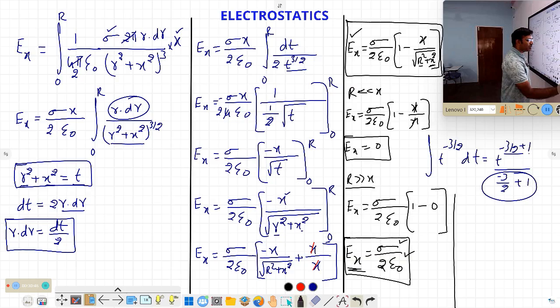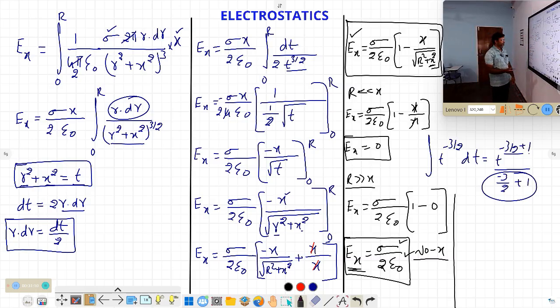There is no x value present here. Whatever the size of the charged body, if the charges are infinite, it is independent of position. That means a uniform electric field will be there across the charged disk.